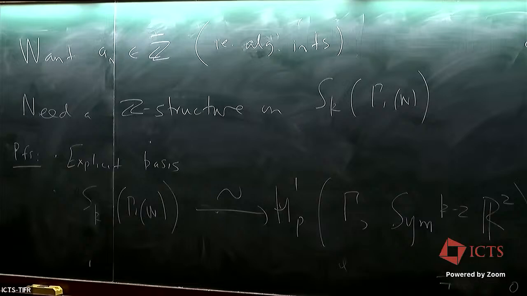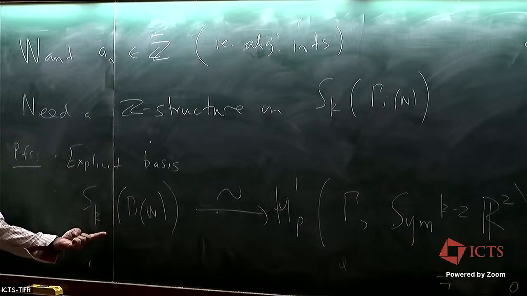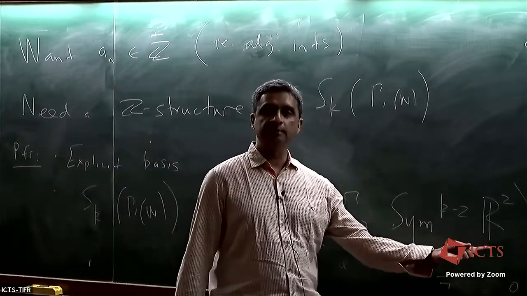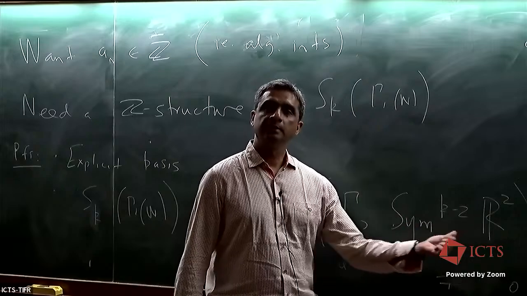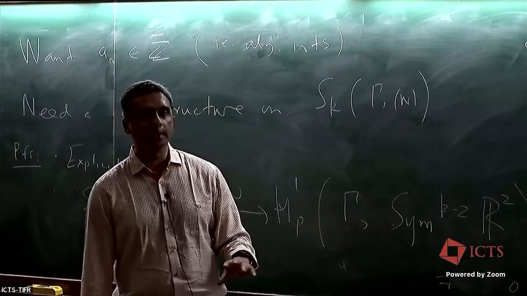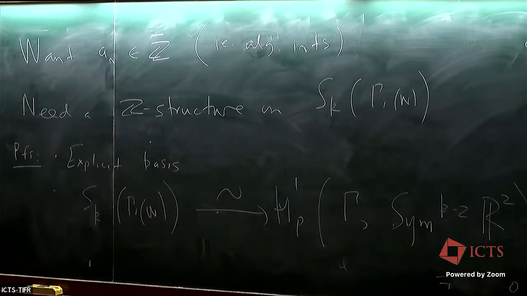So how is this useful? It looks much more complicated. Well, it's very tricky to write down a basis here over Z. But here it's trivial because you can look at Sym^(k-2) of Z^2. There's an integral structure here which is trivial. And if you look at the formulas for the Hecke operators on group cohomology, which I haven't had time to define today and will not define, it turns out they preserve the integral cocycles.